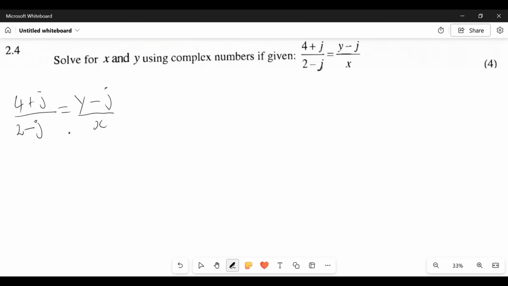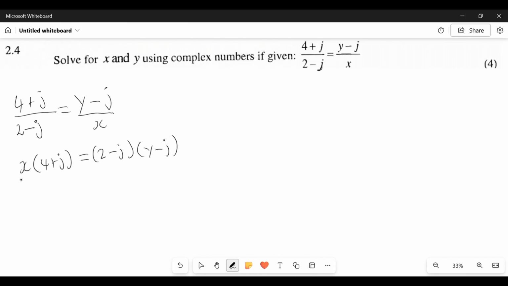So we have to cross multiply, guys. If you cross multiply, on the left hand side we're gonna multiply with x, and then we have x multiplied by (4 plus j), and then on the right hand side we're gonna multiply (2 minus j) multiplied by (y minus j). There we go.